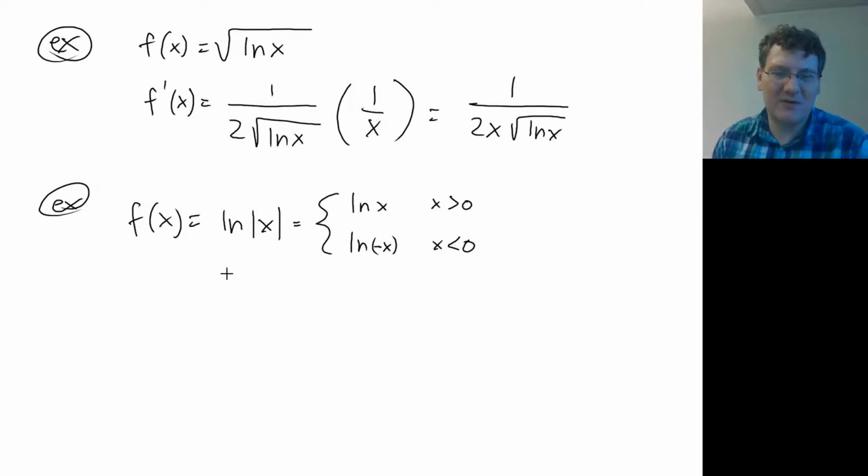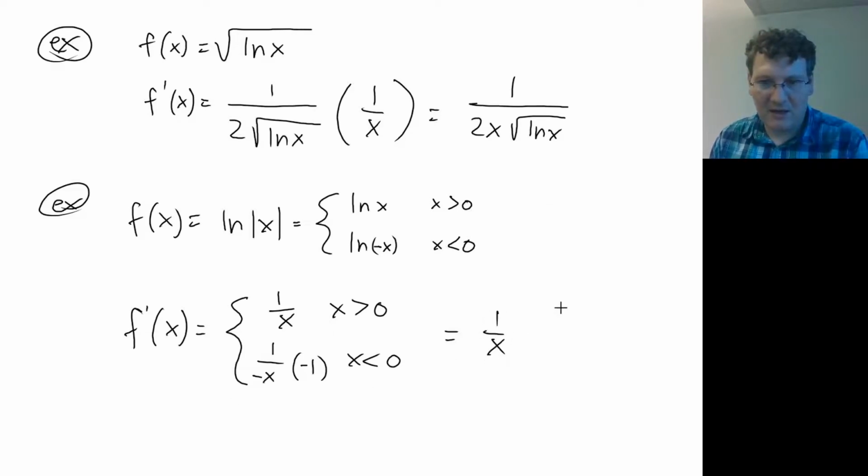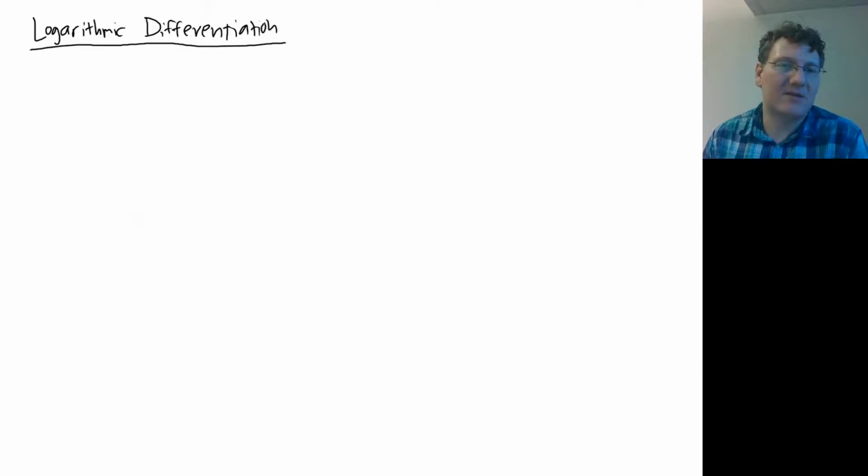So let's take the derivative of the two sides of this thing separately. f prime of x is going to be 1 over x if x is greater than 0, right? And this is going to be 1 over negative x times negative 1 if x is less than 0. I'm just doing the chain rule just like I did before, but that's actually the same thing. So this is actually 1 over x everywhere.